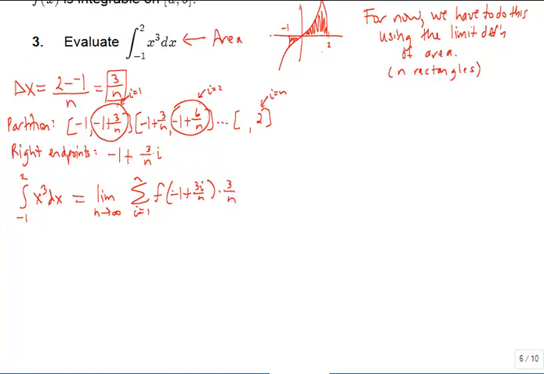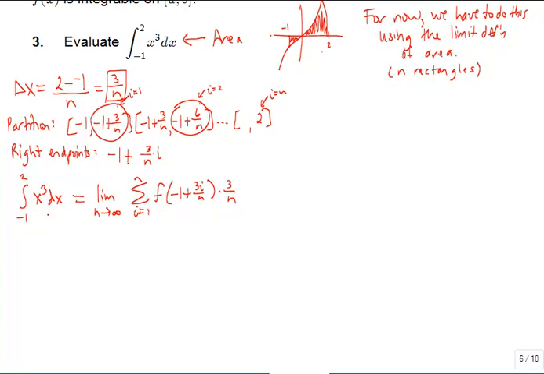So these are your heights, these are your widths. When you multiply them together, you get areas. We sum up all n rectangles to get all those areas, and then we take the limit of that as n goes to infinity to turn it into this exact area over here.